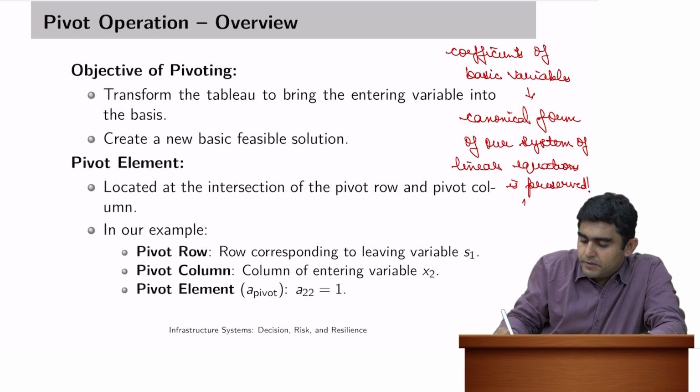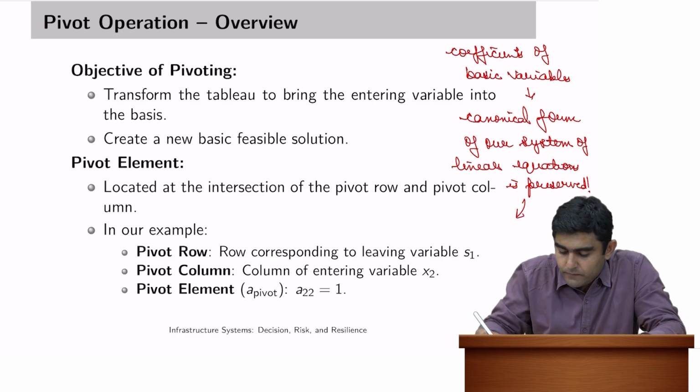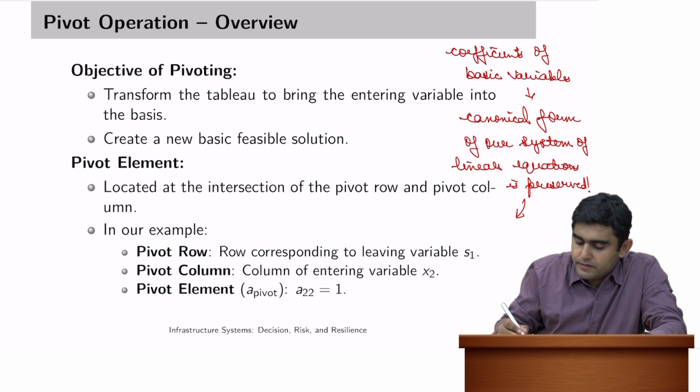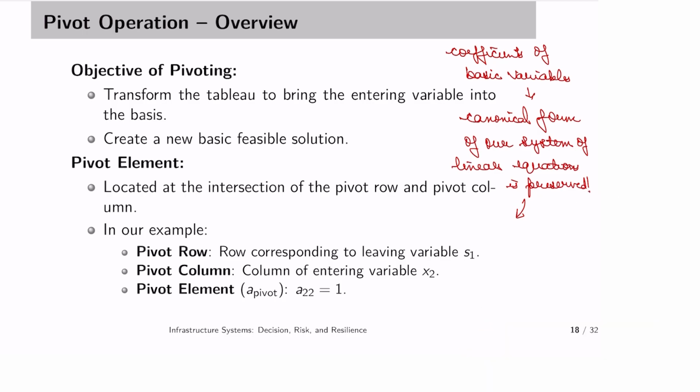What we mean by preservation of this canonical form of linear system is that, if you recall, earlier I mentioned basic variables S1 and S2, with coefficients 1 and 0 in one row, and 0 and 1 in the other, when we were talking about these two slack variables being introduced. All other variables were non-basic anyway, so their value was 0.